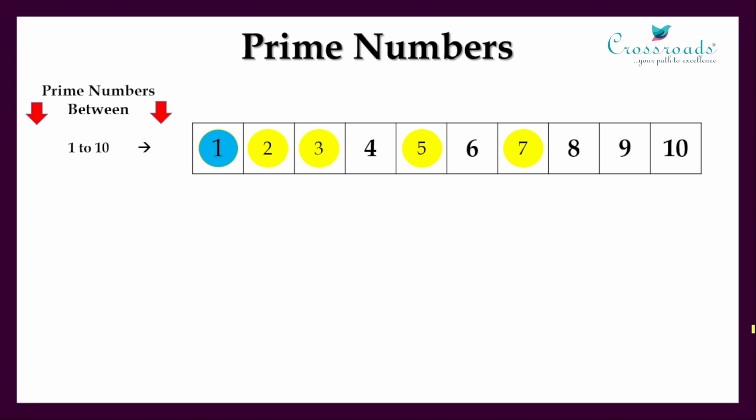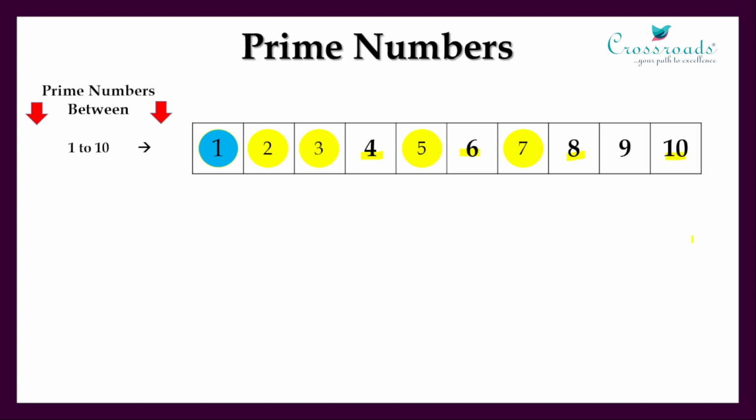I repeat again, 2, 3, 5 and 7 are the prime numbers between 1 and 10. Whereas 4, 6, 8 and 10 are composite numbers.